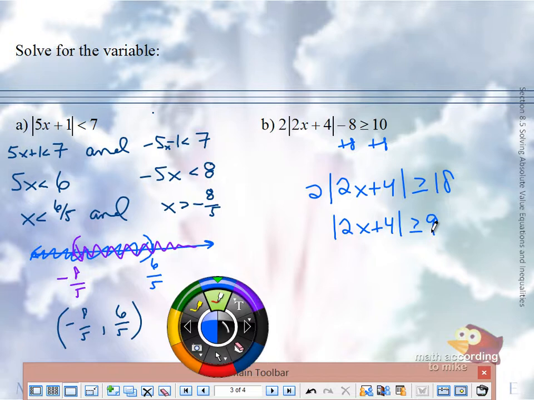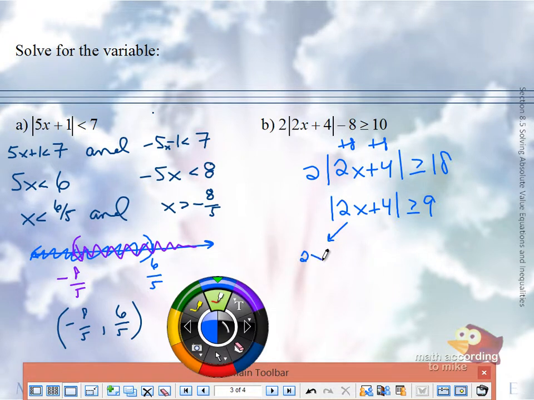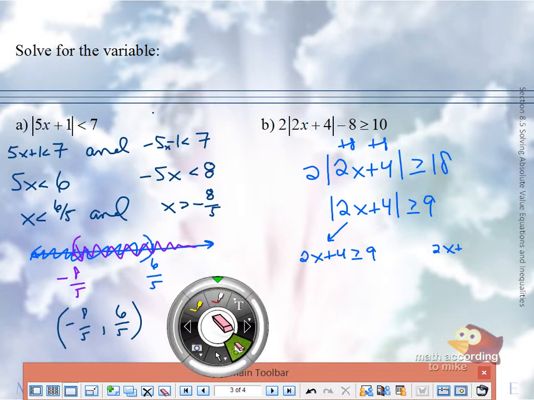Very good. If you would, break it up, draw your number line, find your answer. By the way, is this an and or an or statement? Or.